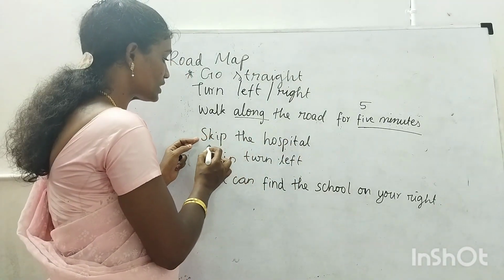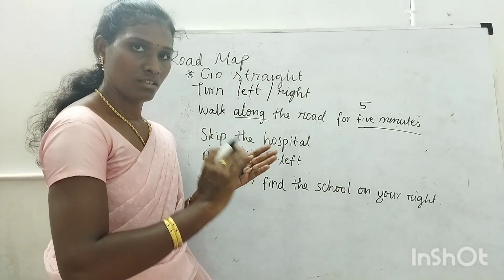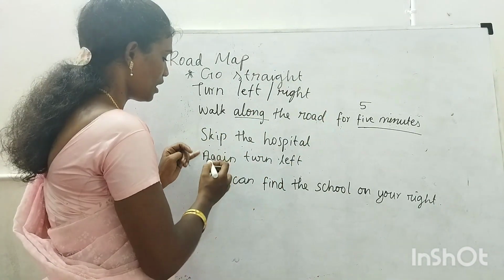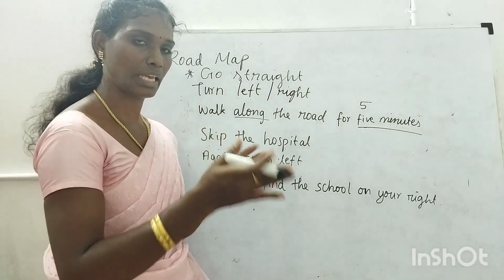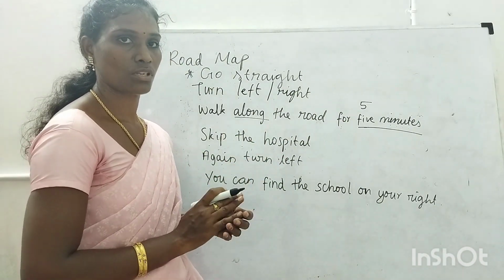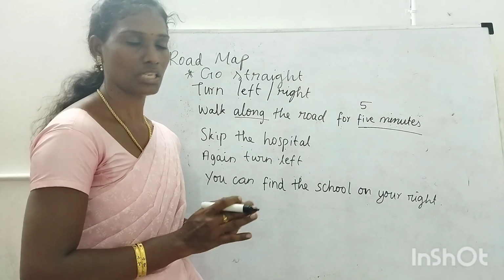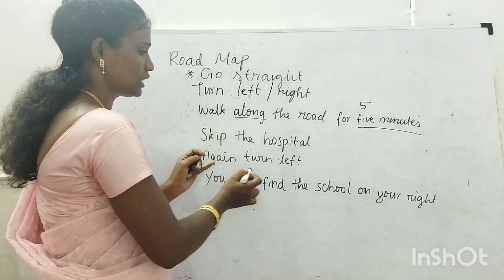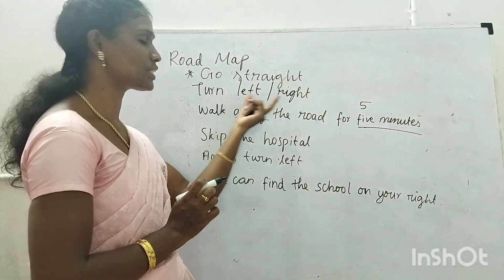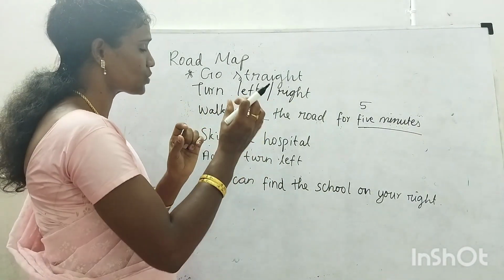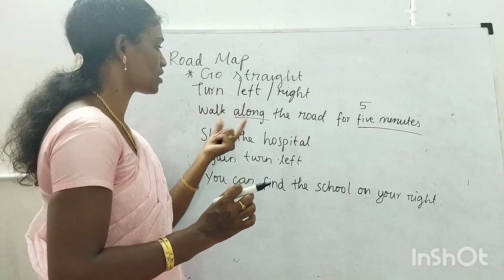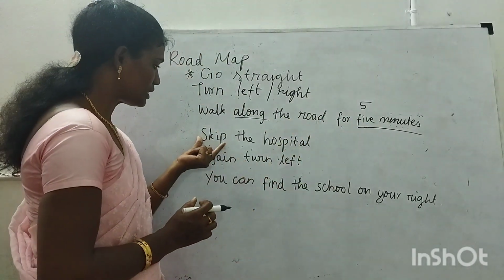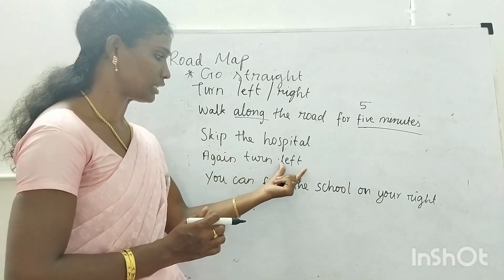So you can use the word skip: skip the hospital. And again you can use take left or turn left or else turn right. Whatever it may be, the words are repeated here. Spelling is very, very important. Only 2 or 3 points: turn left, walk along for 5 minutes, skip, and again turn left.